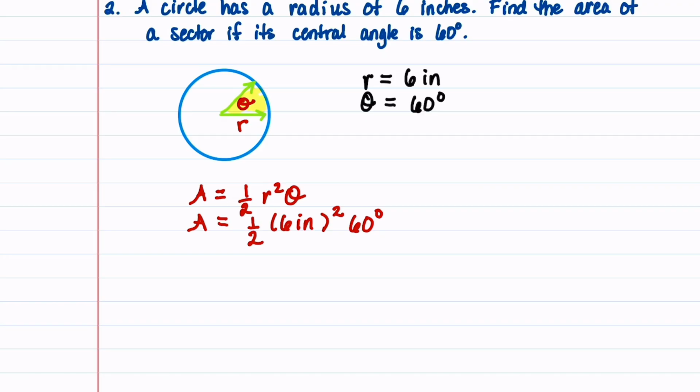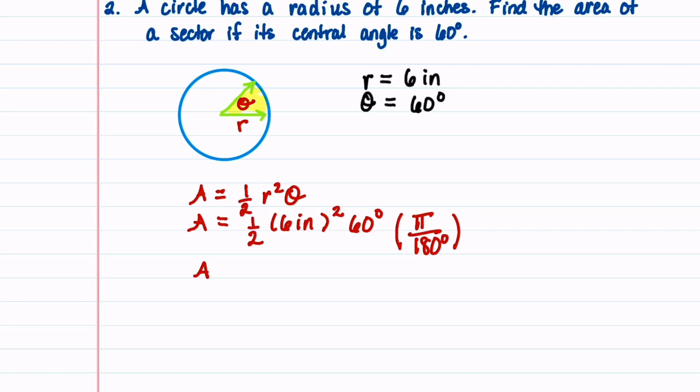Now here is where we're going to make our conversion. We need to convert 60 degrees to radians, so we're going to multiply by π/180 degrees. I have a video on converting between degrees and radians if you need to go and review that concept. So let's see here what's going to cancel.